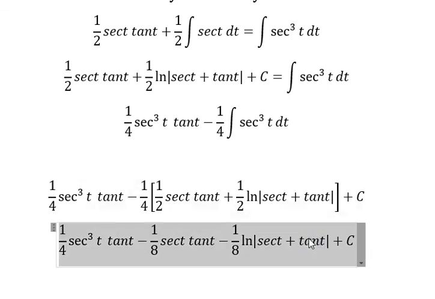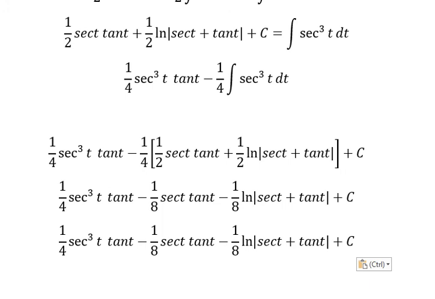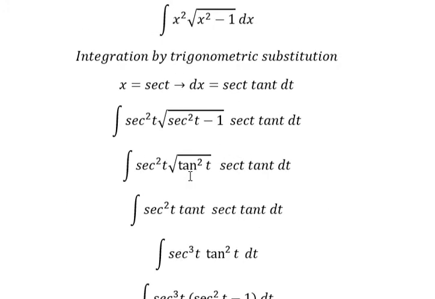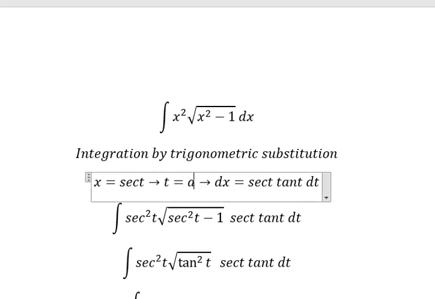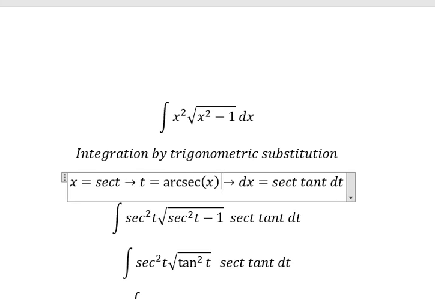And now about t, that is this one. So you get t equal to arcsecant of s. So we change t into arcsecant of s.